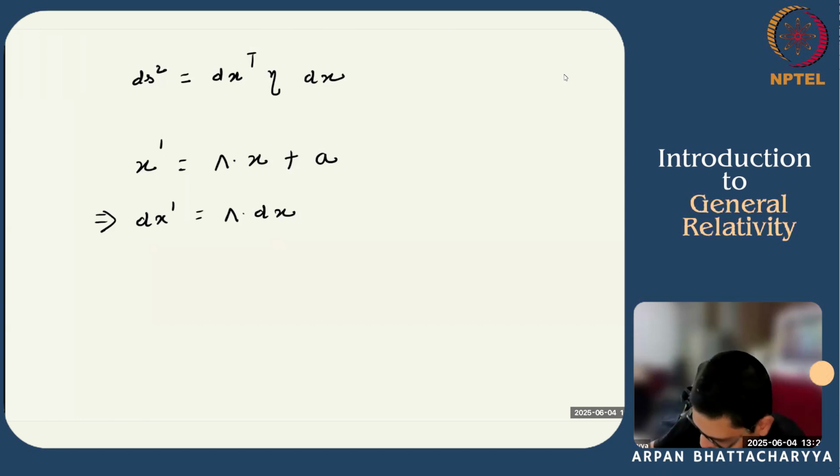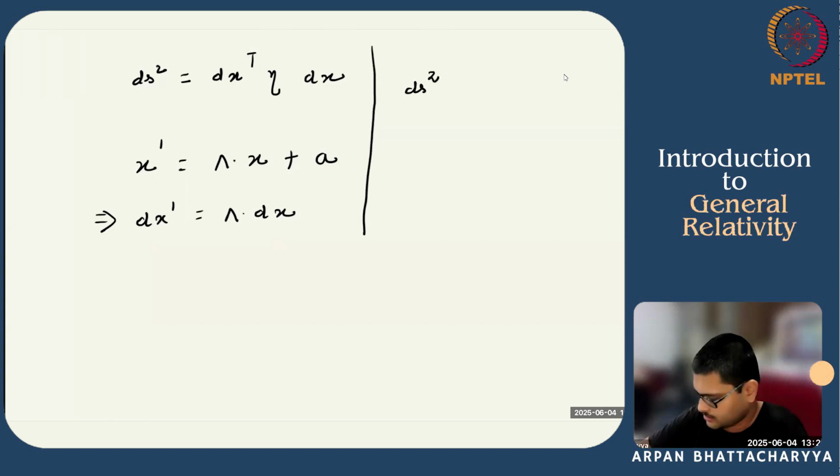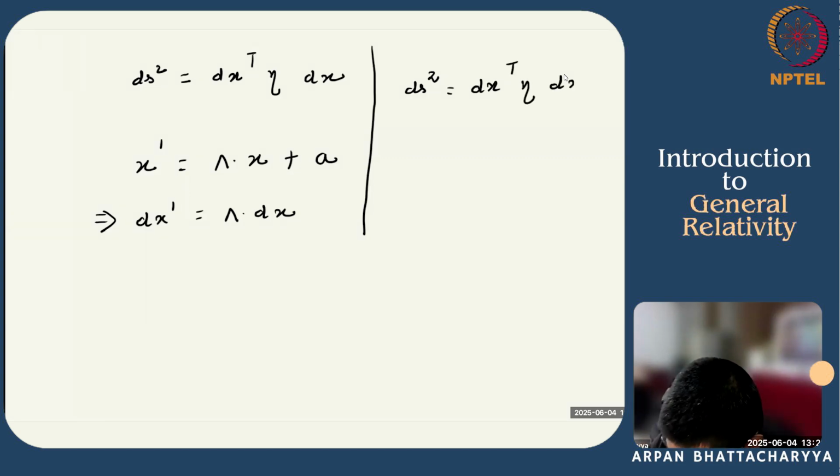So now we know that ds square remains invariant. That means dx transpose eta dx, and then replace this by the following: Lambda dx transpose eta times Lambda dx.